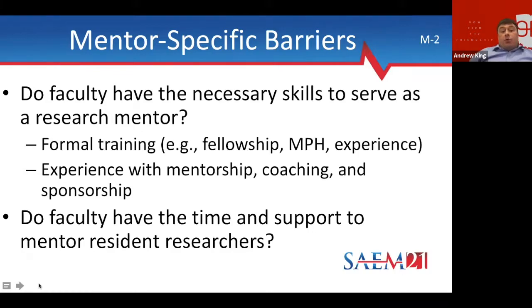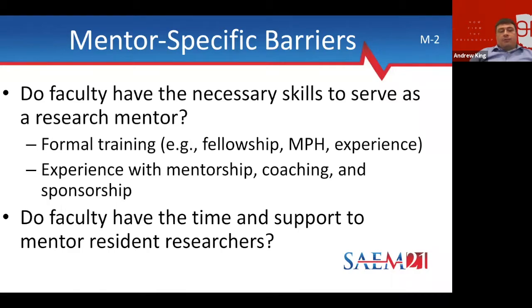Furthermore, do faculty have the necessary skills to serve as a research mentor? Maybe they have the interest, but throughout their career, they haven't received any formal training through a fellowship or an advanced degree such as an MPH, or they haven't had the opportunity to get involved and be mentored by a researcher.